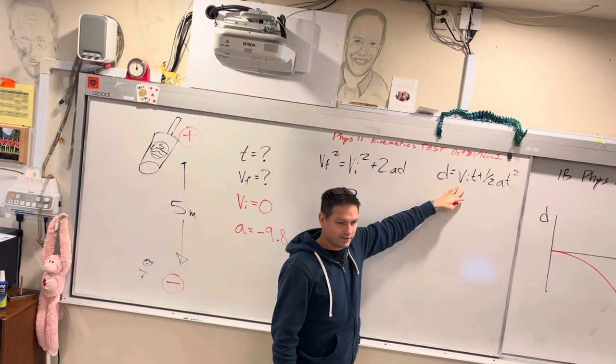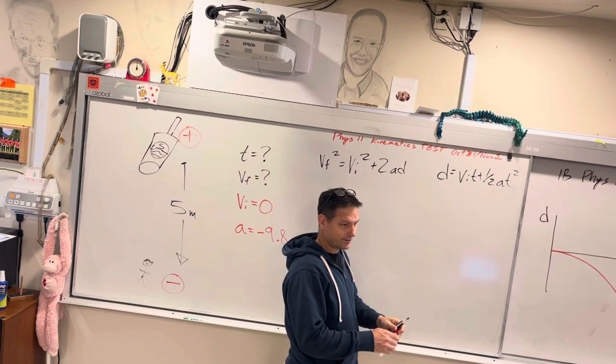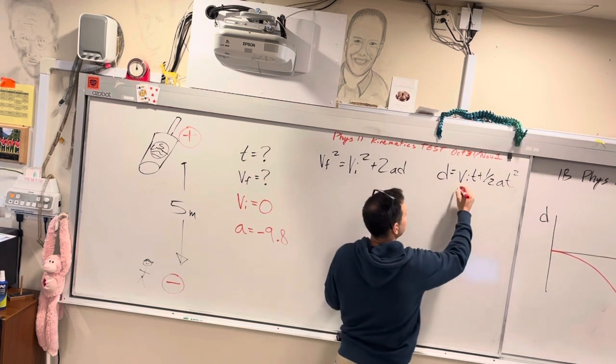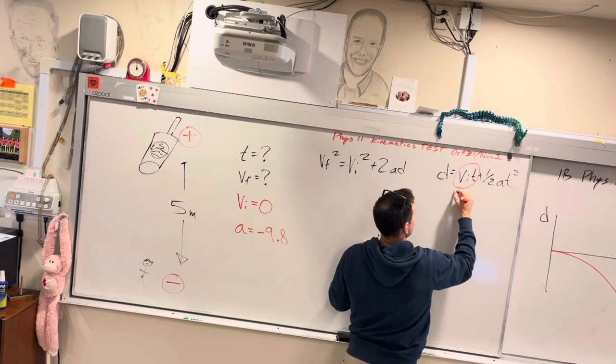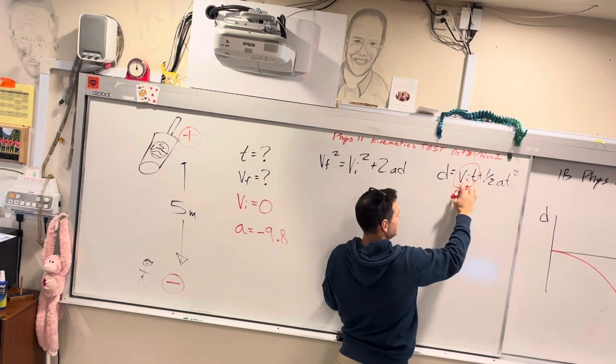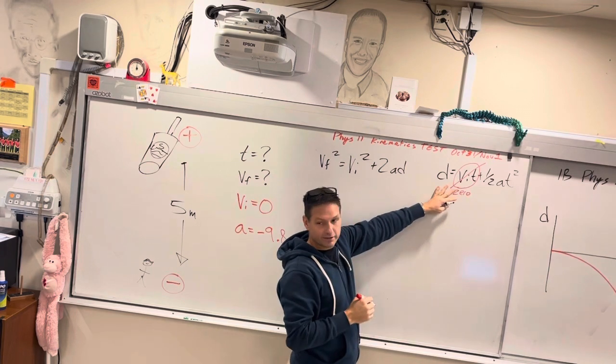No? Pedro's shaking his head no. No, I don't need quadratic? Tell me why. The 0 gets rid of the VIT component. So because VI is 0, this goes to 0, because VI times T, whatever the T is, times 0 is 0. So this is gone. So we could use this to find the time.